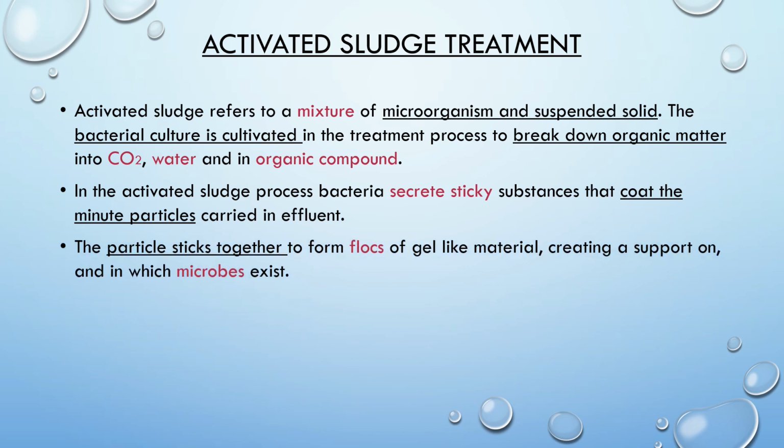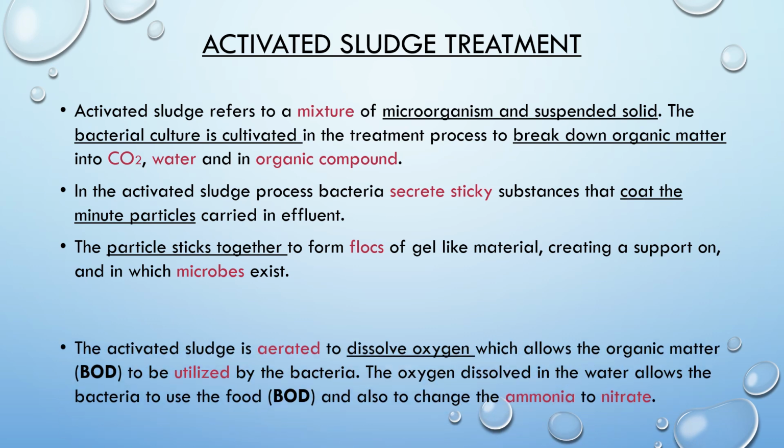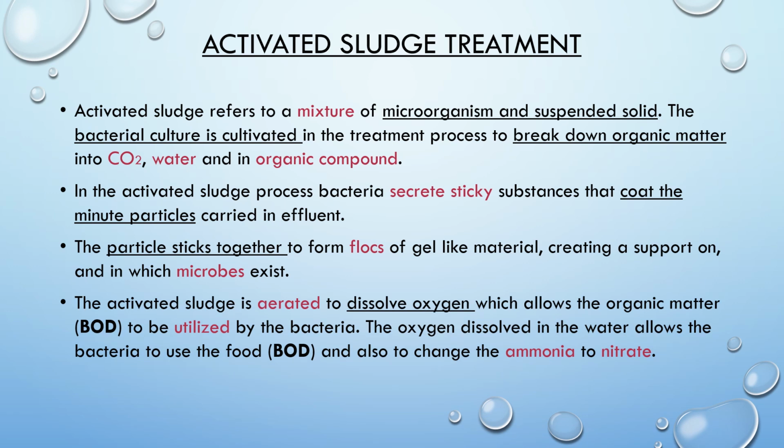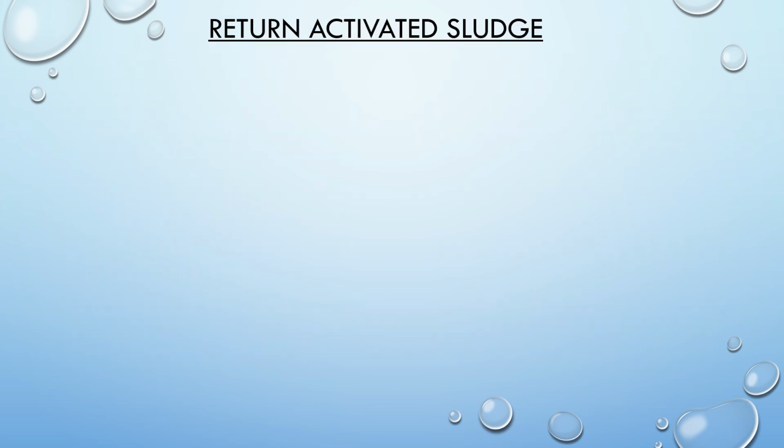The particles stick together to form a floc. The activated sludge is aerated to dissolve oxygen, which allows the organic matter, meaning BOD, to be utilized by bacteria. The oxygen dissolved in the water allows the bacteria to use the food and also to change.